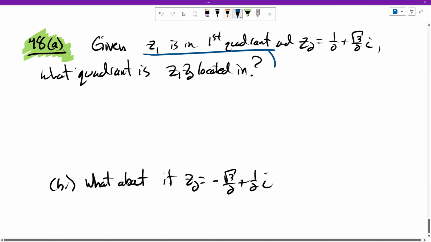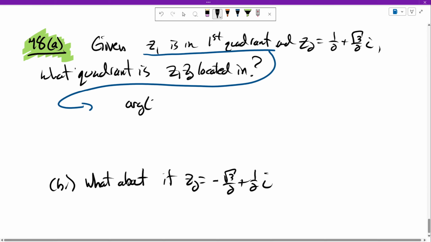The first part is telling us that the argument of z1, well, the principal argument even, is between, I guess it could be 0, but it's between 0 and pi halves. We know, I guess also we can compute the argument of this guy.